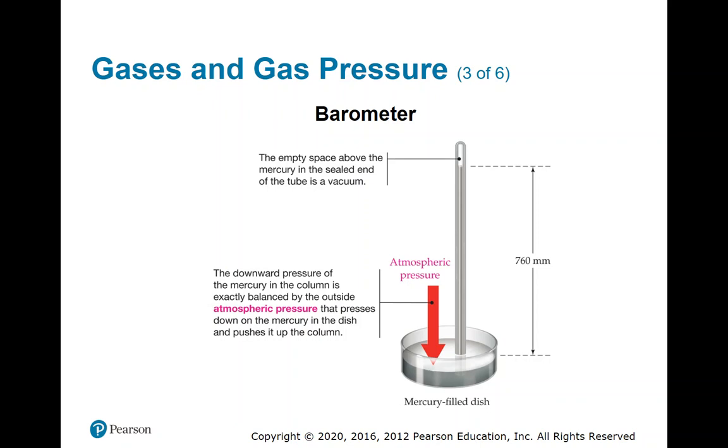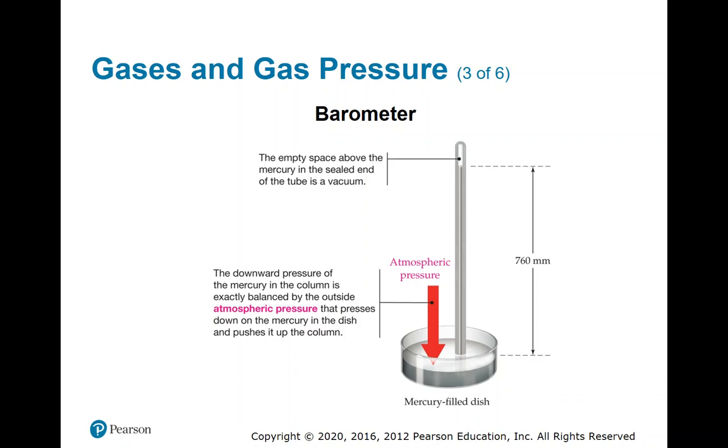But you have a liquid-filled dish, and you have a tube inserted into that dish that's closed off at one side, and there's completely empty space in that tube above the liquid. So there's just a vacuum up there. There's no gas to push down on the liquid. And since there's nothing pushing back on the liquid, the atmospheric pressure pressing down on the liquid in the dish will force some of the liquid up the glass tube.